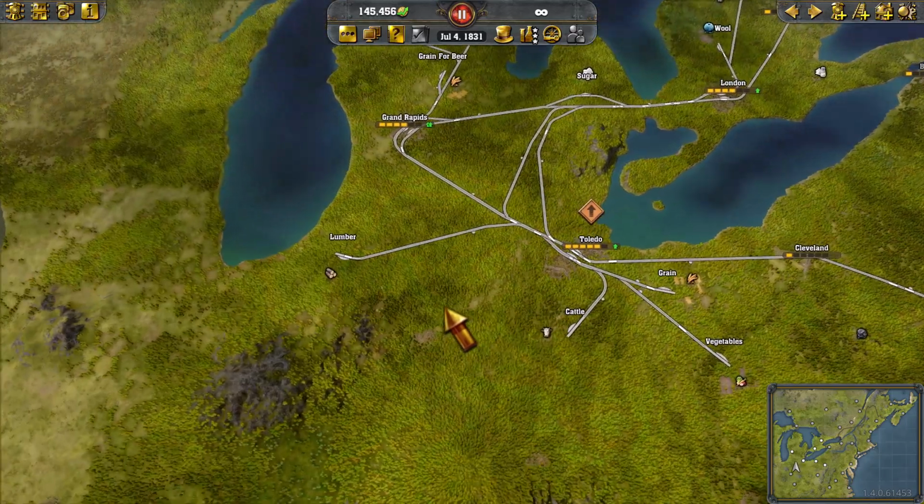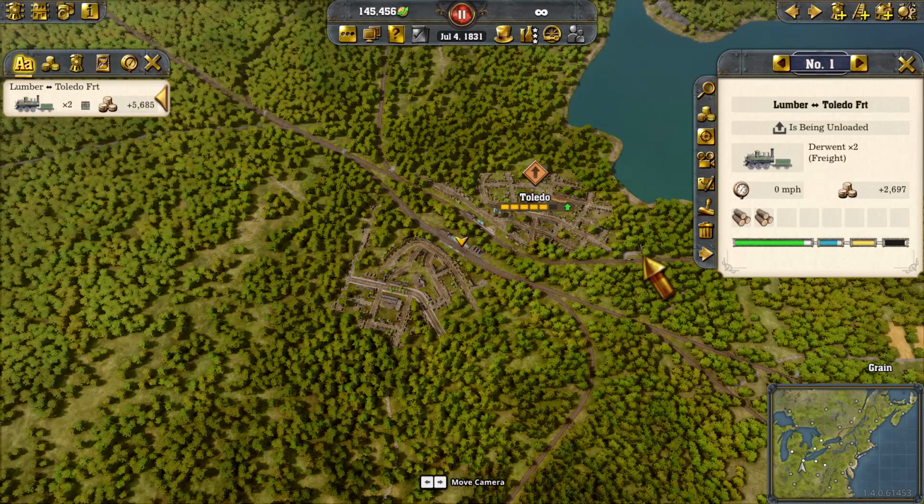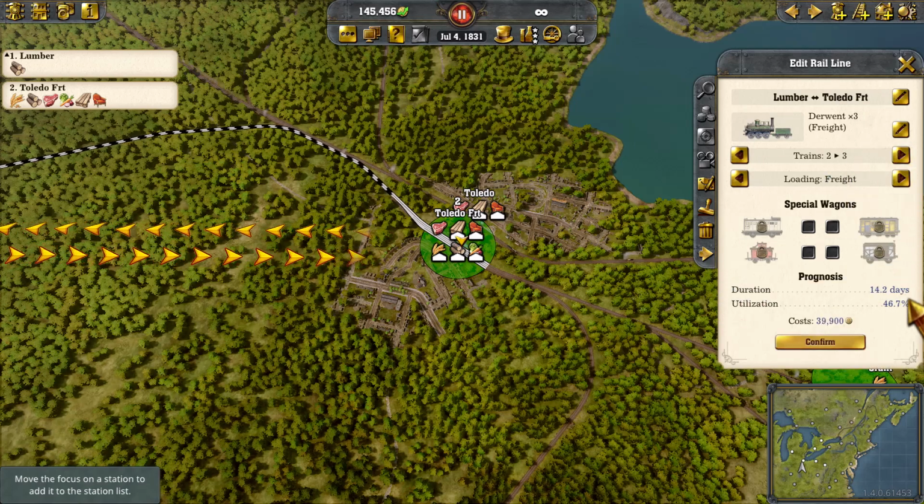So we need more like 9. So we need our frequency here to be a 6. Let's look at our frequency for the lumber, and 6 times 2 would be 12. That's not enough. 3 times 6 would be 18, which is fast enough.